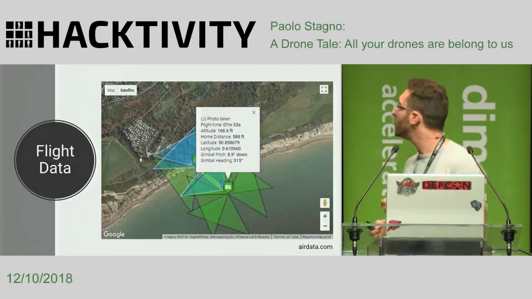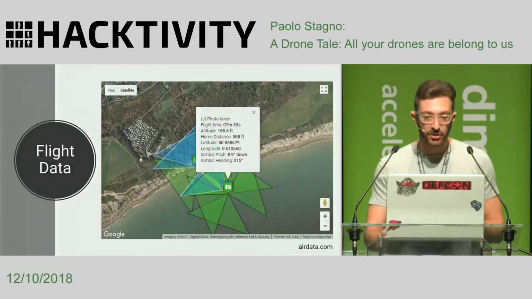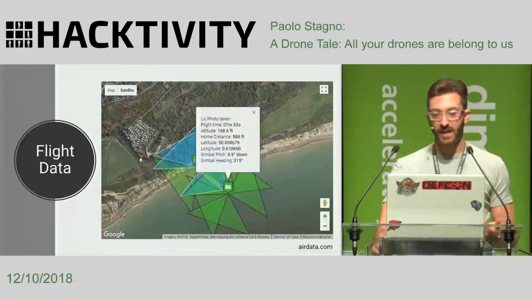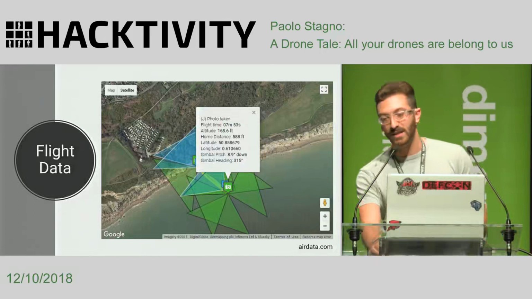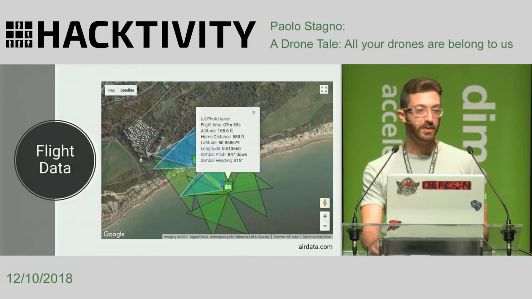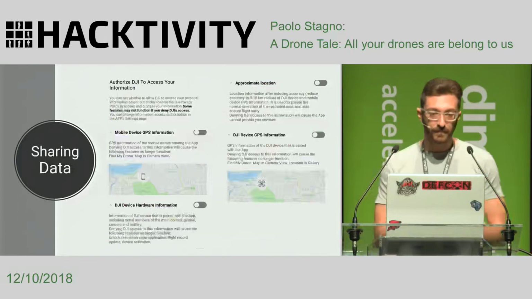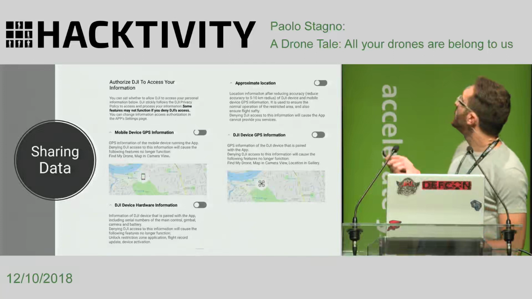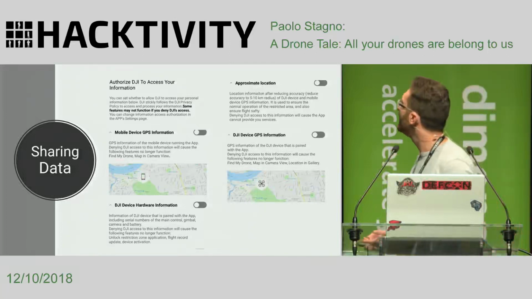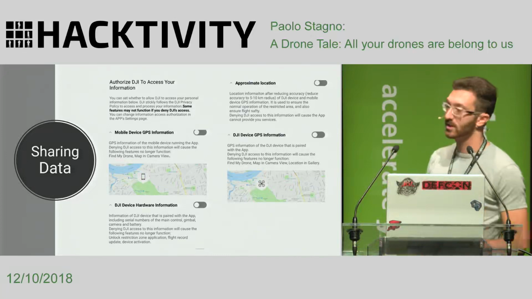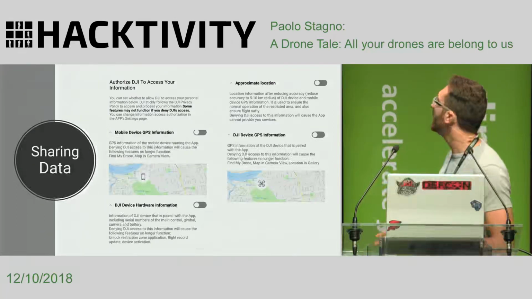And with all this data shared to Chinese servers, it's not hard to understand why the US Army banned DJI products in the summer of 2017. Also, these are all the permissions that you have to share with DJI, for the GPS location only, in order to have all the functionality.